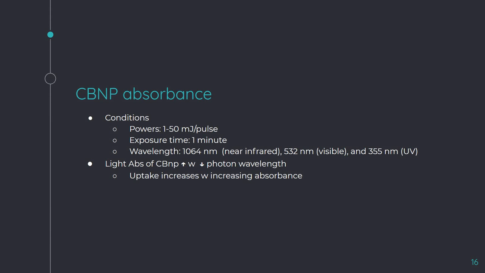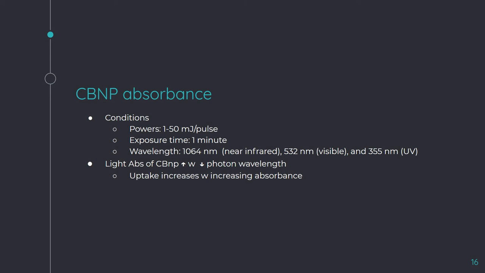Carbon black nanoparticle absorbance of photon wavelength from the laser, keeping in mind that the laser energy essentially is the number of photons per pulse, was also found to have an effect on uptake. The conditions were set to 1 minute exposure time and the laser power from 1 to 50 millijoules per pulse.